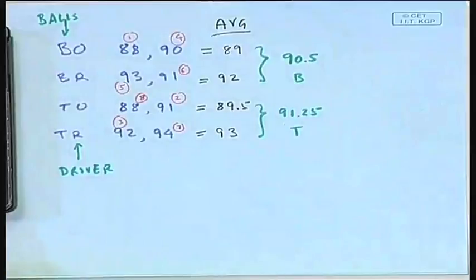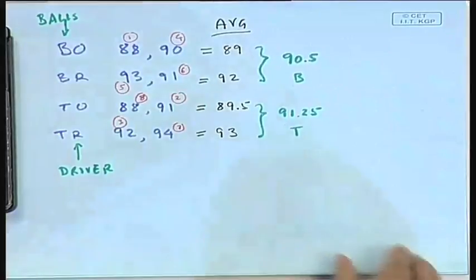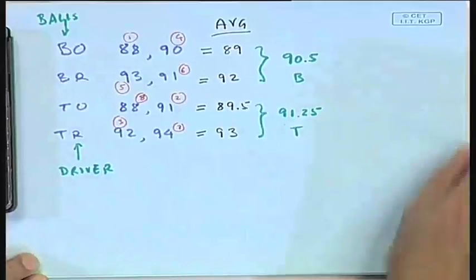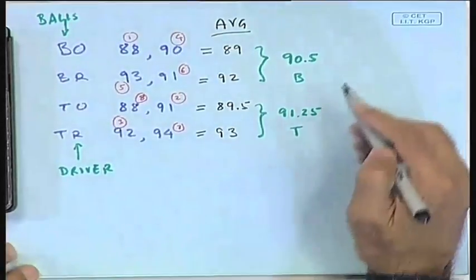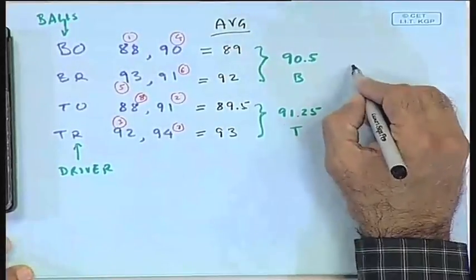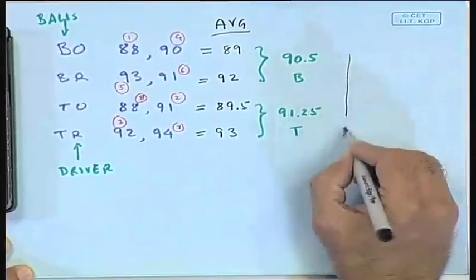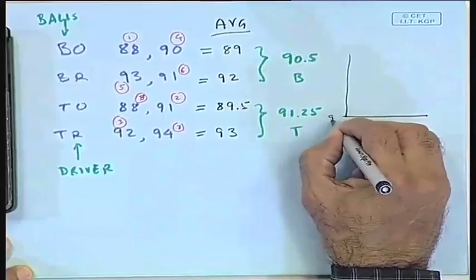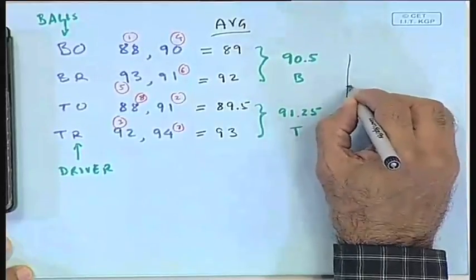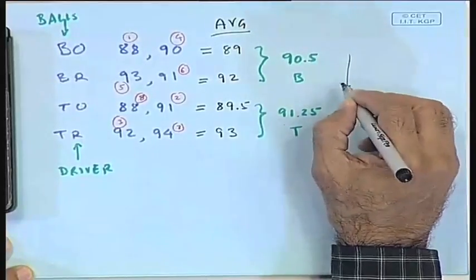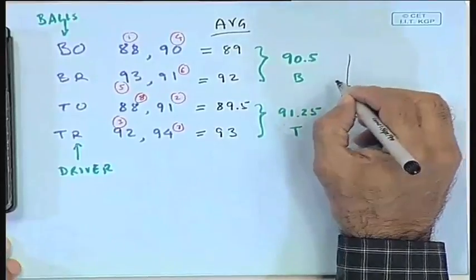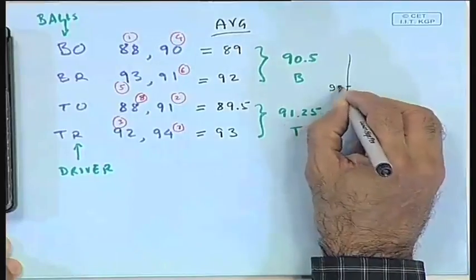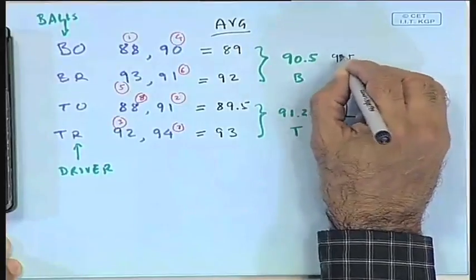So I could quite easily, at this point, produce a plot. Now what would that plot be like? I'd first draw the axis. I'd start at 85 because it's quite low, then 90, 95.